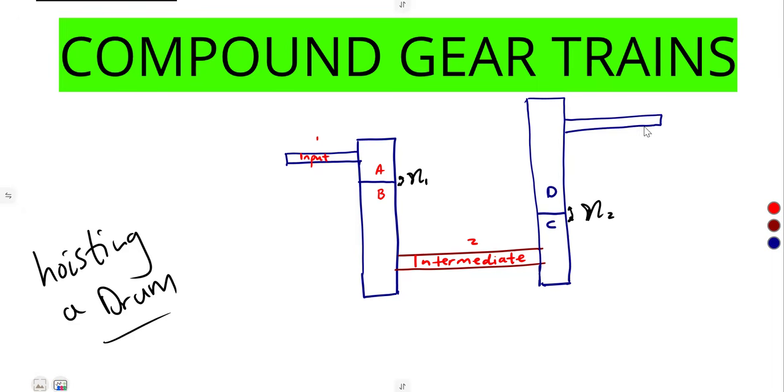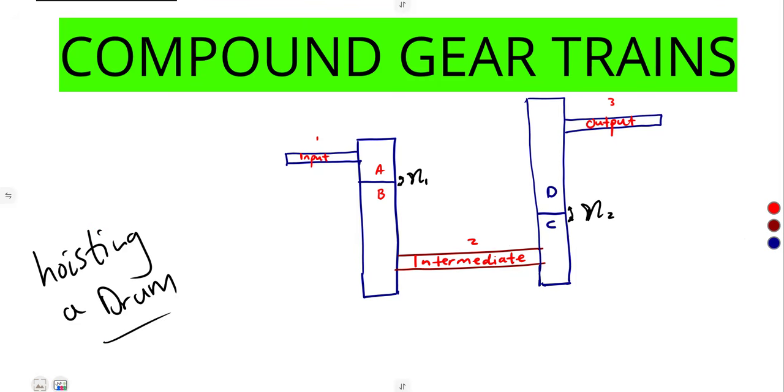D is the last gear that we have, so that marks our output. So 1, 2, we are now at position 3. Output 3. Whenever I use 3, I'm referring to the output for a compound gear system. 2 is intermediate, 1 is input.